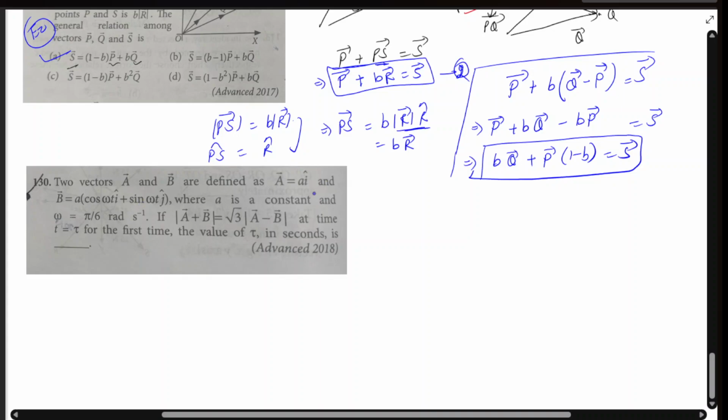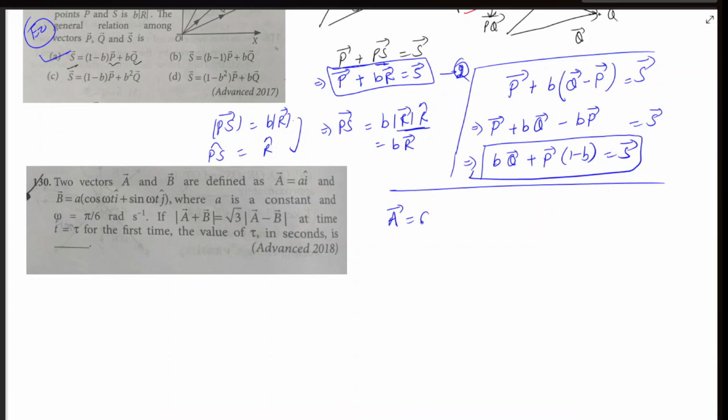Perfect. So we have two vectors. We have a vector, a I cap, and we have another vector, b vector, which is a cos omega t I cap plus a sine omega t j cap, right? It is given that omega is constant and equal to pi by 6. We have to find this at time t equal to tau.